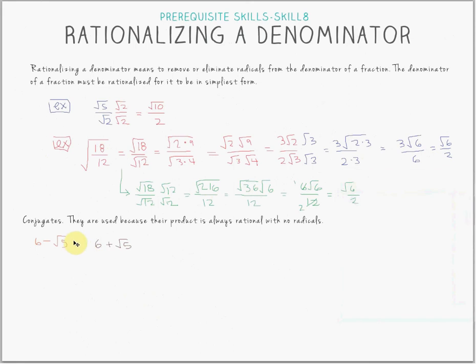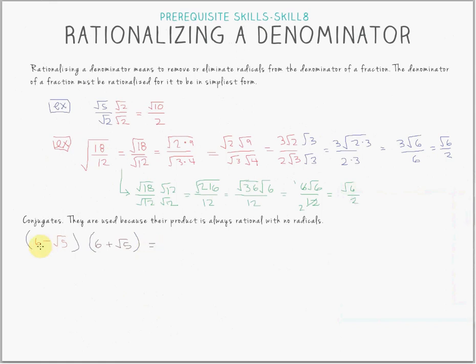So let's take these two conjugates and let's multiply them together. Okay, so if I'm going to multiply these, remember that because they're conjugates, we do have to use some people call it the FOIL method. You do need to multiply this by everything in these parentheses and this by everything in this.